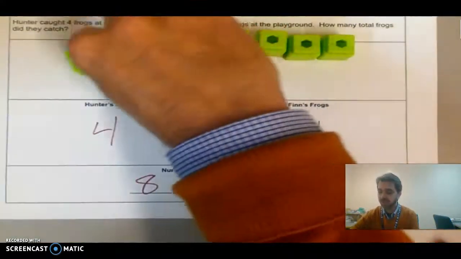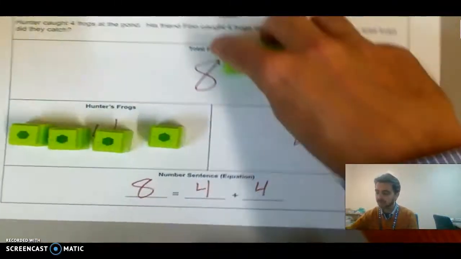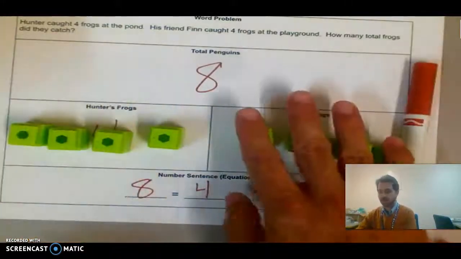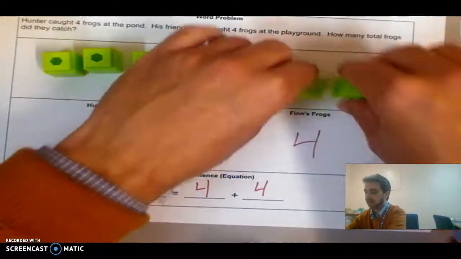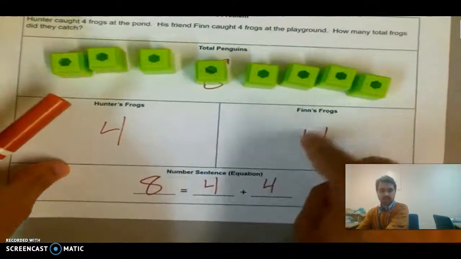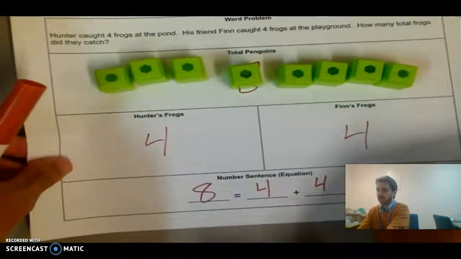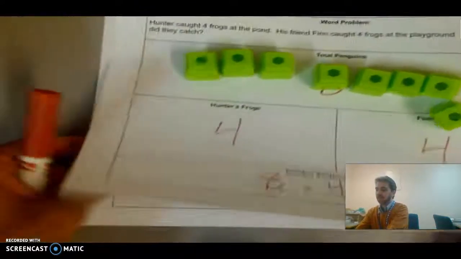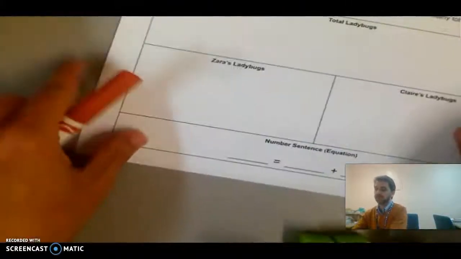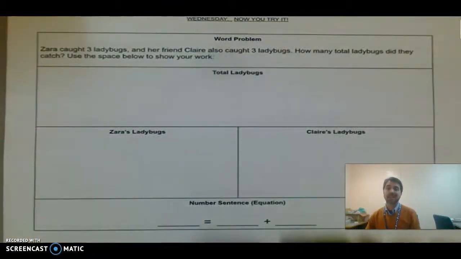Okay, but make sure you use your cubes, because A, it's fun, and B, it really shows you how that works. That if you have 4 here and 4 here, and you put them together, it makes 8. Okay? All right, so you should finish this problem, right? Fill it in on your paper with the numbers, okay? And then you are going to do this problem, all right, about Zara, who caught 3 ladybugs.